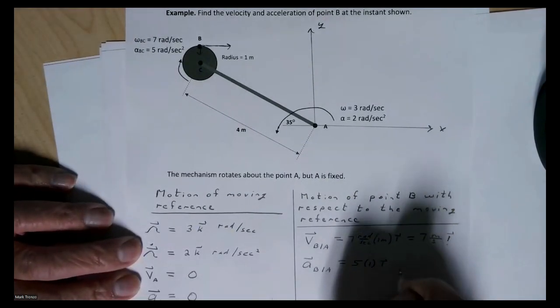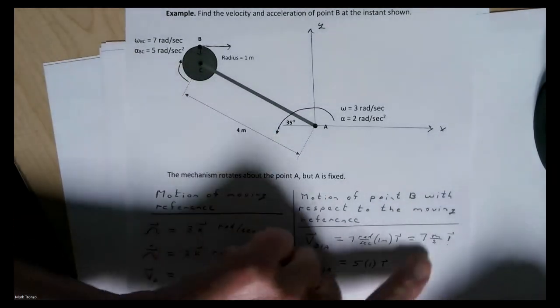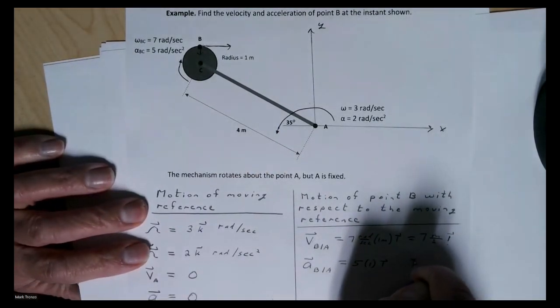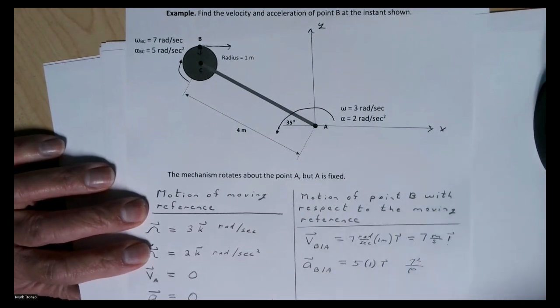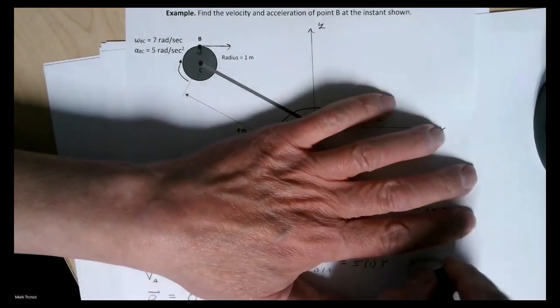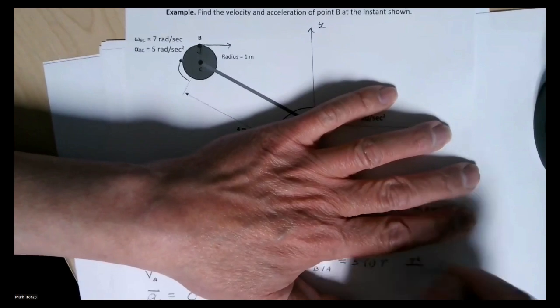So that's going to be, and I'm going to leave the sign off for a second, remember, that's always velocity squared divided by the radius. Again, usually that's rho or r. In our case, the radius is just 1.